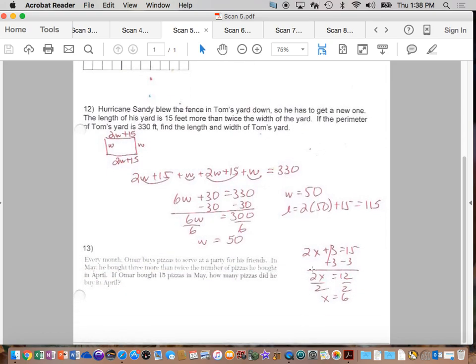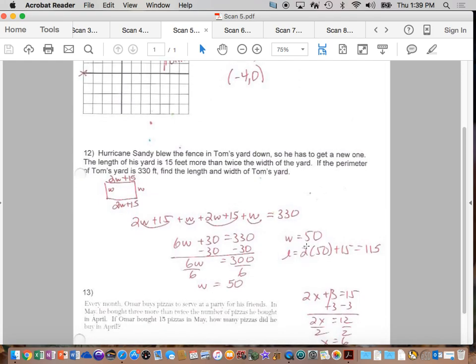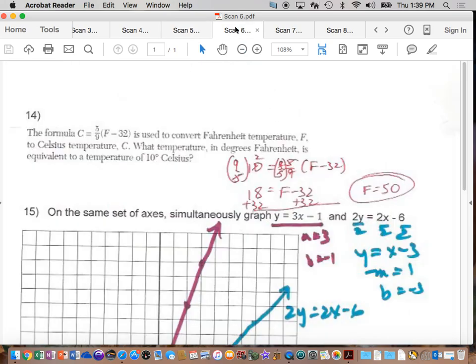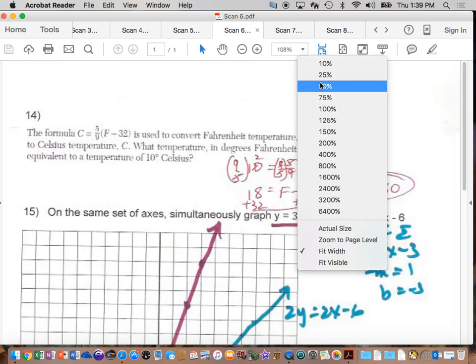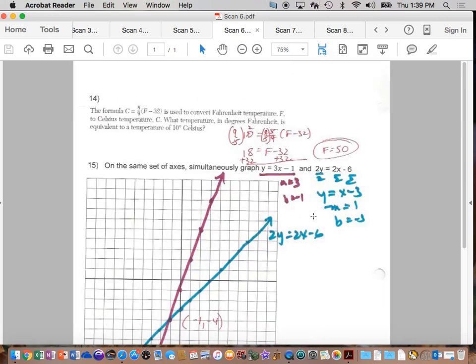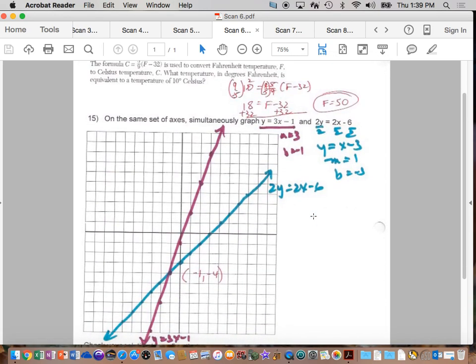And then one down here. Okay. Take a look at the lines graph, see how you did.